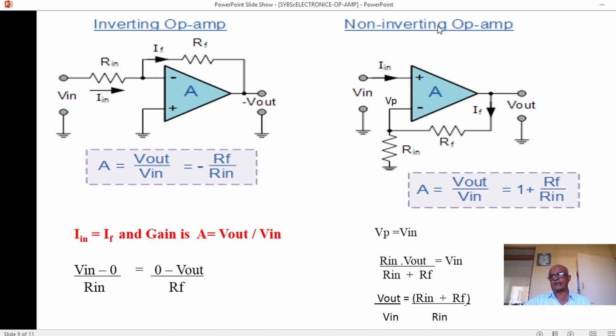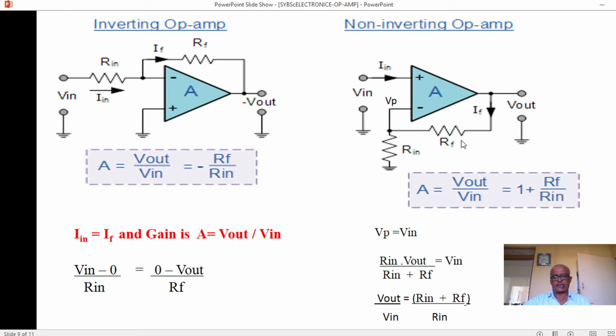In the second case, the non-inverting case, the inverting terminal is grounded and input is connected to the non-inverting terminal. So in the first case, inverting op-amp, input is connected to the inverting terminal, while in non-inverting op-amp, input is connected to the non-inverting terminal.